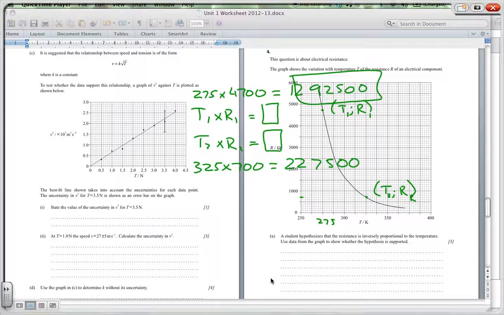Here we have 227,500, and here we get 1.29 million. So therefore T1 times R1 is not equal to T2 times R2. Therefore T is not inversely proportional to R, or the reverse.